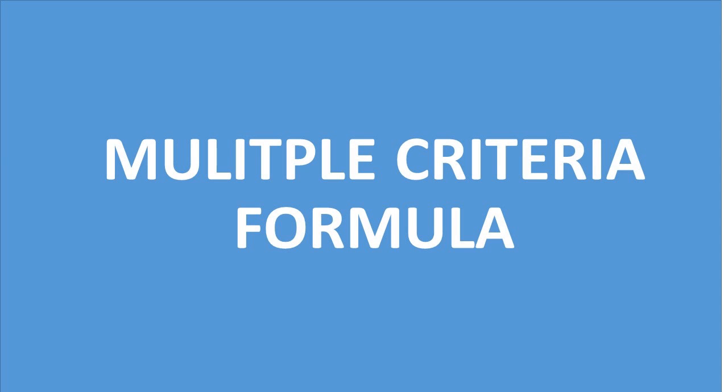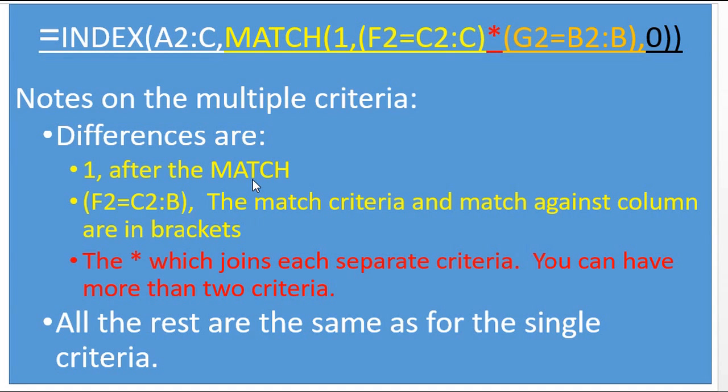We will now have a short look at the INDEX and MATCH function with multiple criteria. Multiple criteria just have the following three differences, and that is related to the MATCH part of the INDEX and MATCH function.